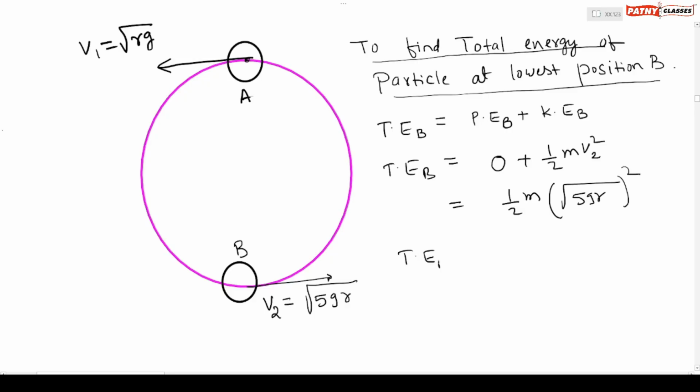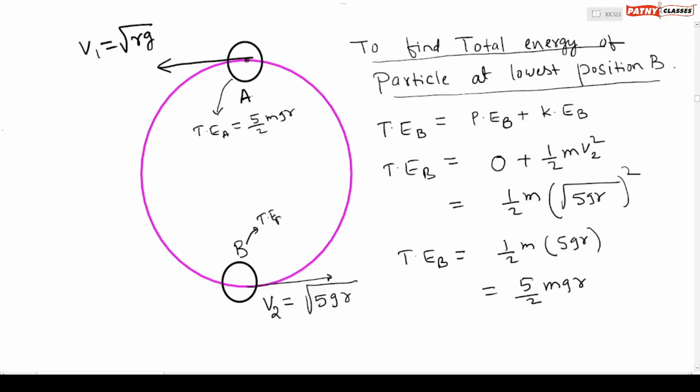Therefore, total energy at B equals half m times 5gr, which equals 5 upon 2 mgr. The total energy at point A was 5 upon 2 mgr and total energy at point B is also 5 by 2 mgr. So the value of total energy is not changing in vertical circular motion.